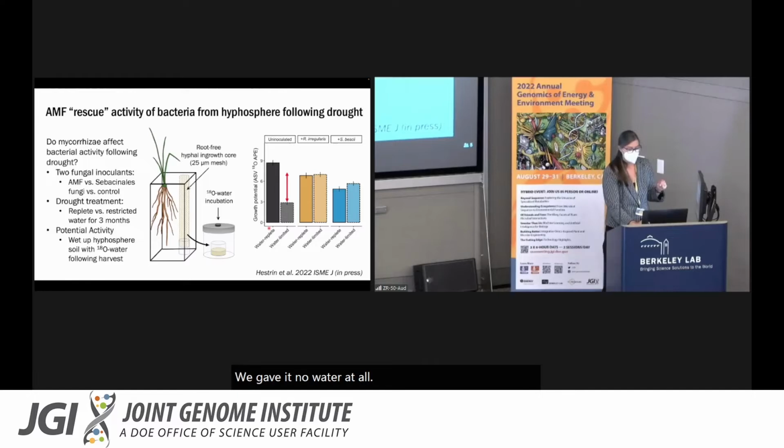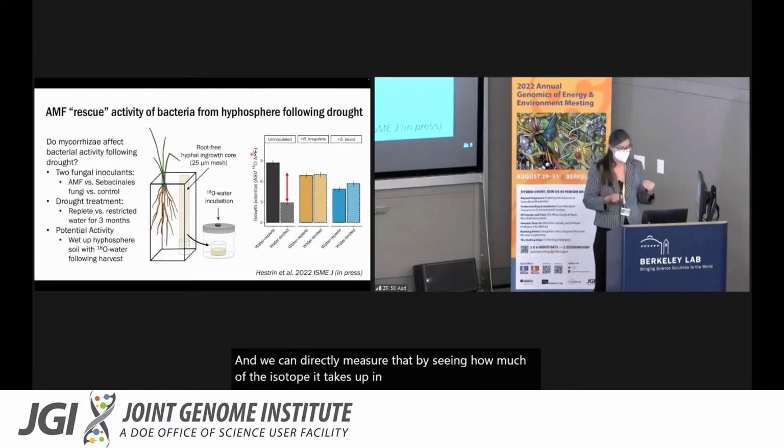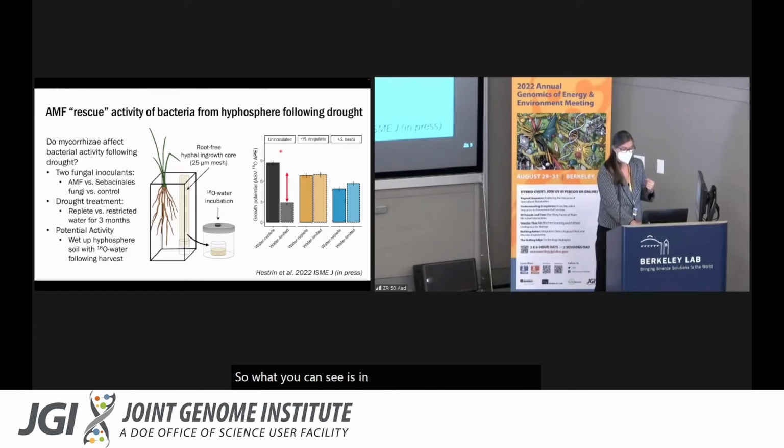And then we used 18O stable isotope probing as a metric of, after we resuscitate you, how much do you grow? And we can directly measure that by seeing how much of that isotope it takes up and brings into its DNA. So what you can see is when we gave it a lot of water, these microbes had a lot of growth potential.